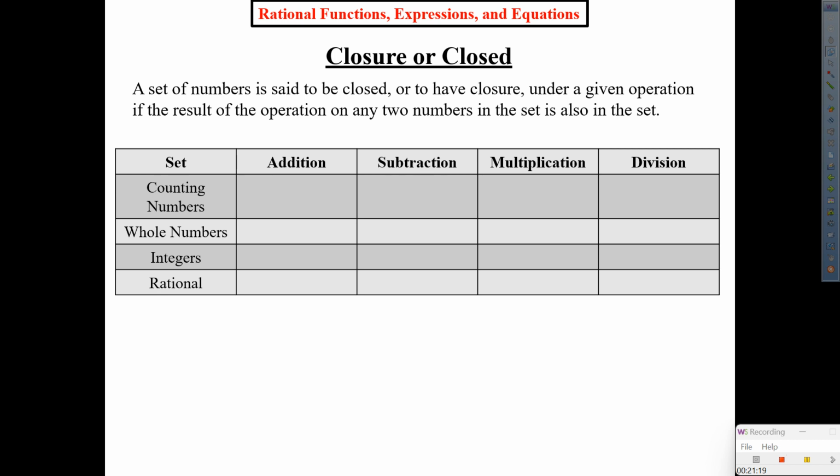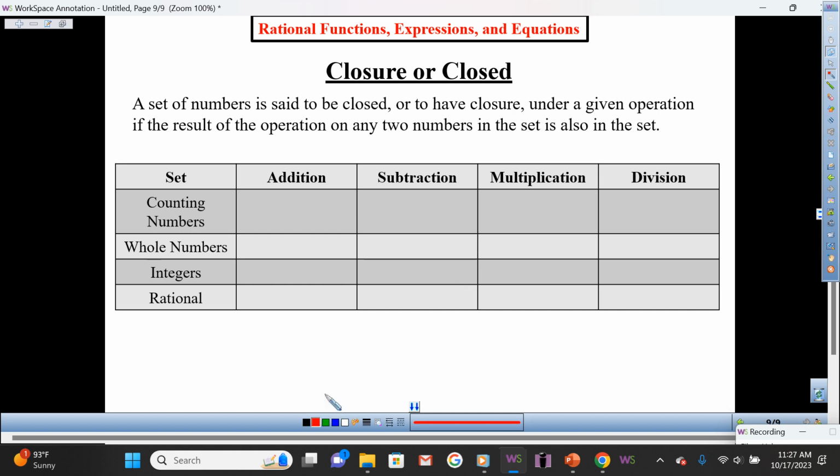For example, let me pause the tunes in the back so we can focus. Check this out. Counting numbers. Give me a counting number, Anthony D. Very good, 23. Is that a counting number? Yes. How about another one?